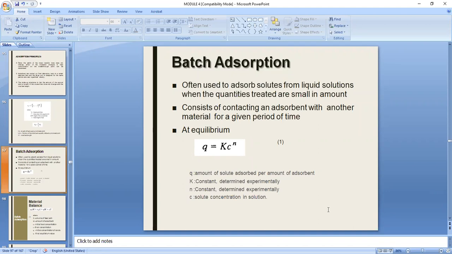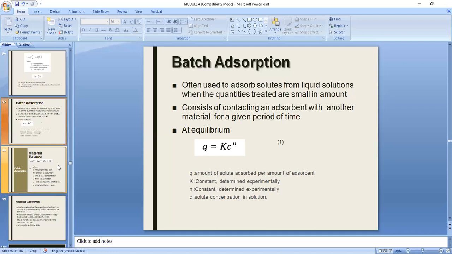This equation will work in terms of the relationship between the solute concentration that remains in the solution, the part not adsorbed, and the amount of solute adsorbed per unit amount of adsorbent used. Okay? Now, there are other formulas that will be shown to you in a little while.